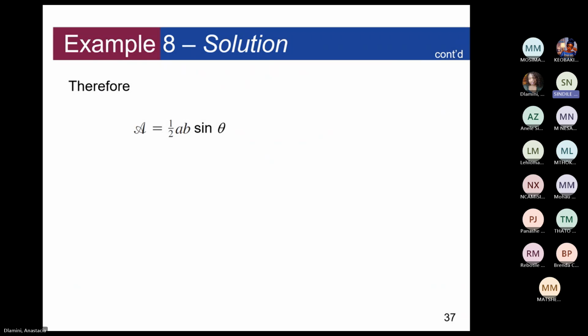So for area, we are using the same formula, the same formula also with the obtuse triangle? Yes. So I'm a little bit confused. Why is it the same one?